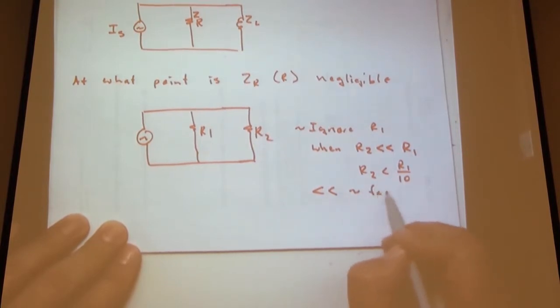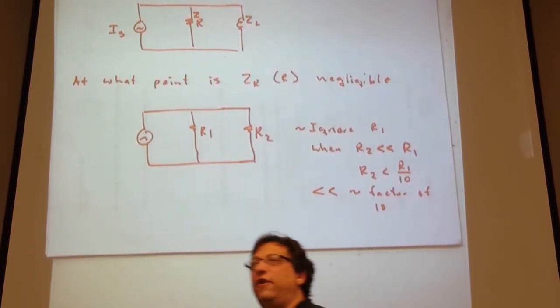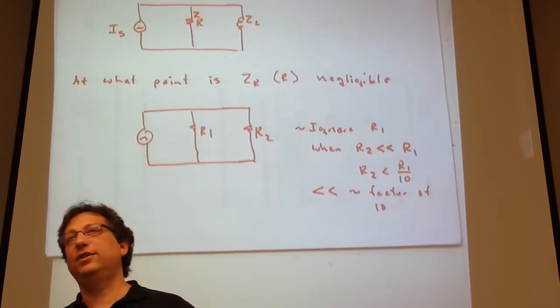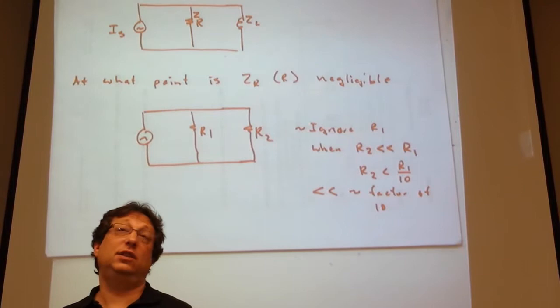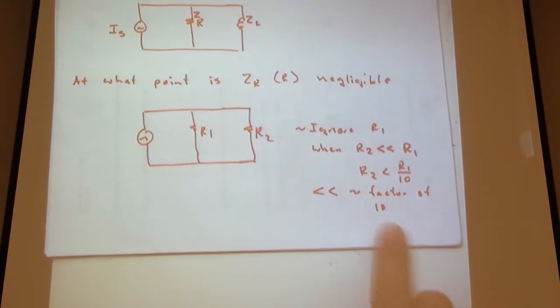It's kind of a factor of 10. Mileage may vary depending on what type of setting you're talking about, but that's usually a fairly reasonable designation. In some settings, you may have to say 100. In some cases, you can say 3. So whatever the factor is, here's a rough estimate of what a scaling factor would be.